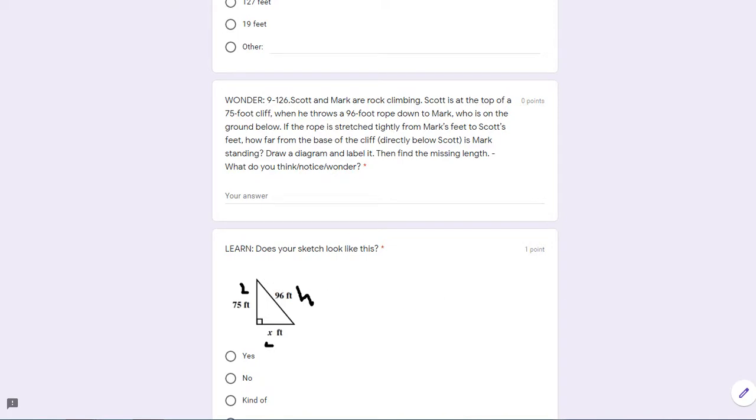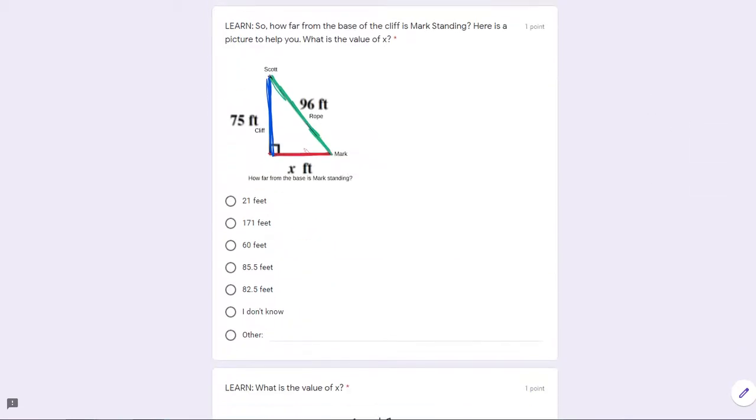So it says, does your sketch look like this? You just need to answer yes, no, kind of. Okay, and then we are going to go ahead and solve that problem. So let's go ahead and do that. Okay, so we knew that this was, whoa, big, get that fixed here.